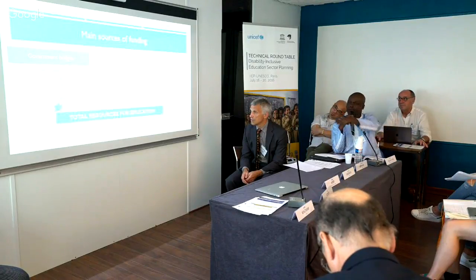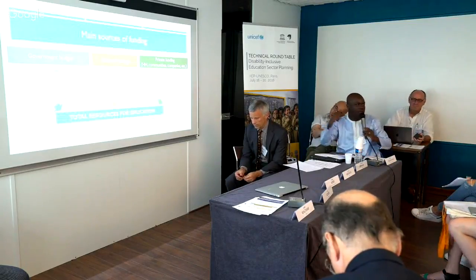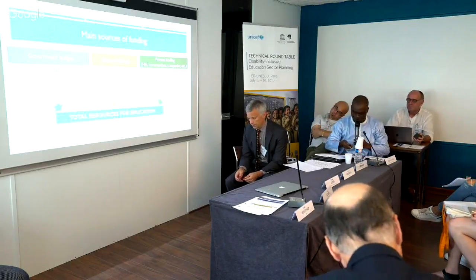But the main sources of financing: the total resource of education comes most of the time from 3 sources. We have government budget, we have external funding, and then we have the private one, including households, communities, private companies, and so on.